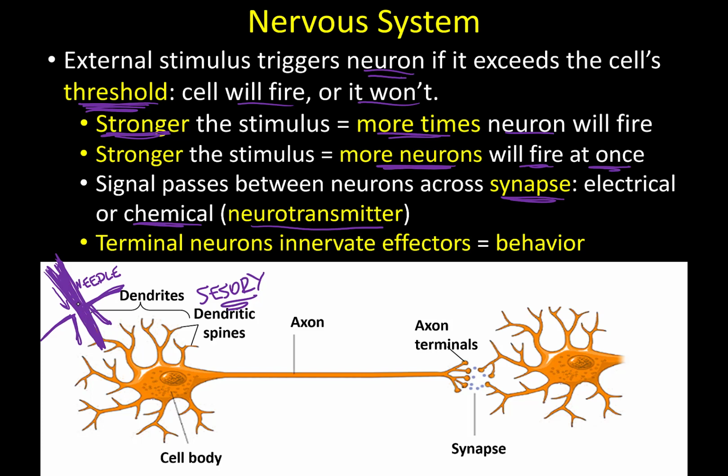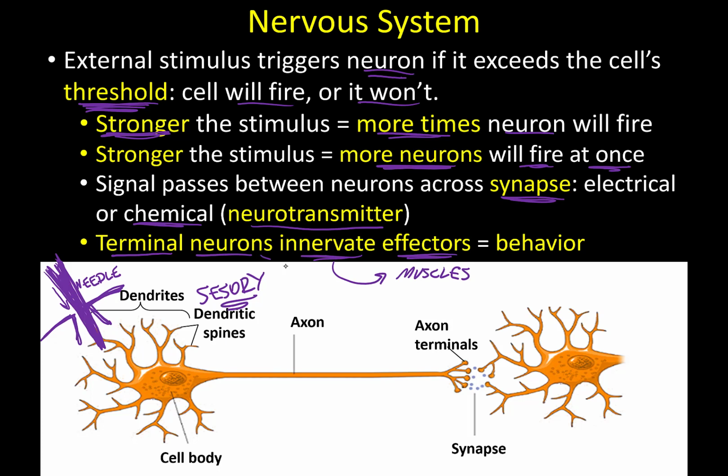But there are going to be other neurons elsewhere in the body that connect to effectors. Effectors, remember, are things like your muscles. These neurons are called terminal neurons, and we say they innervate effectors, meaning they're found inside of effectors.